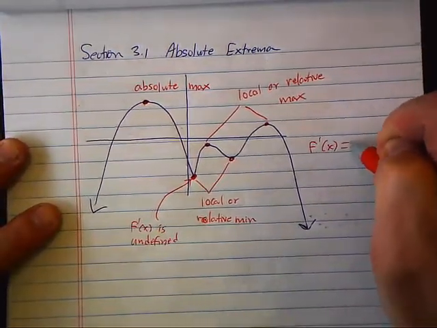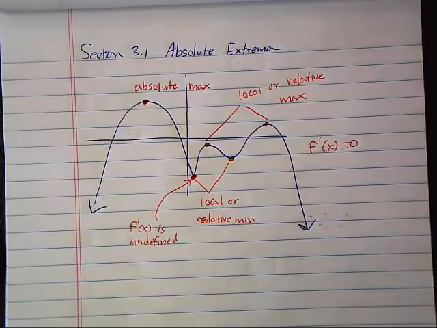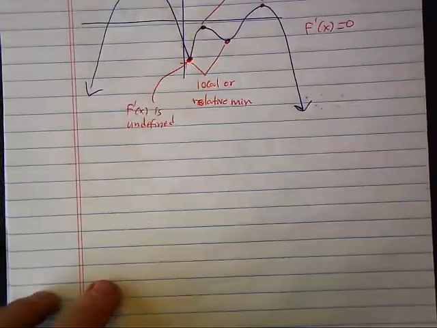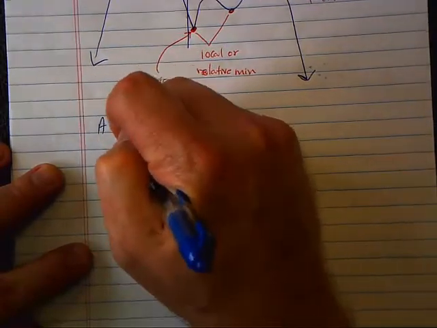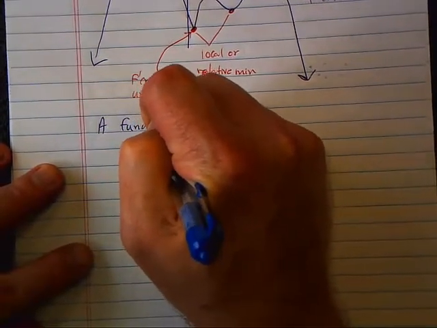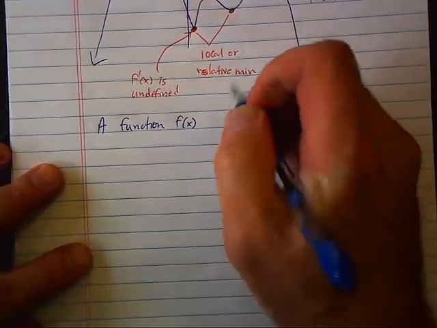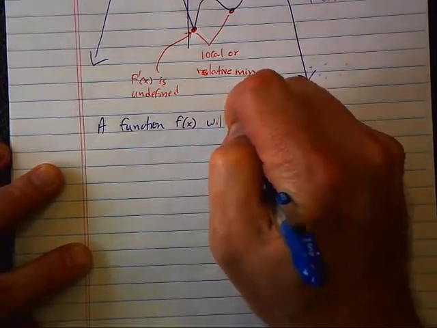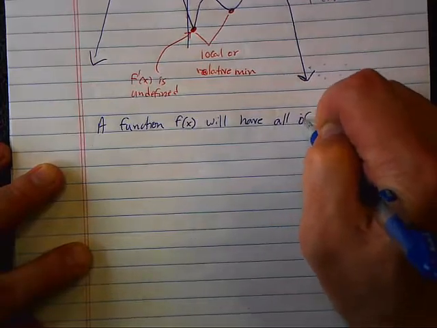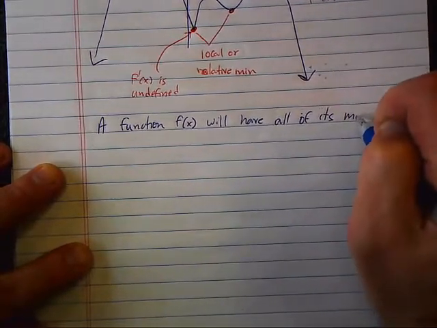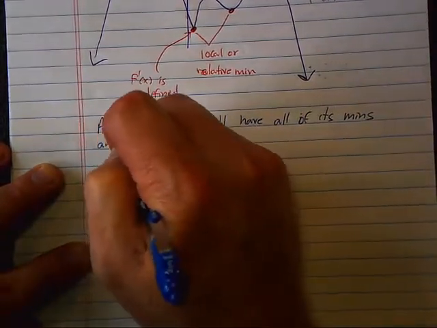A function f of x will have all of its mins and maxes when f prime of x equals 0 or f prime of x is undefined.